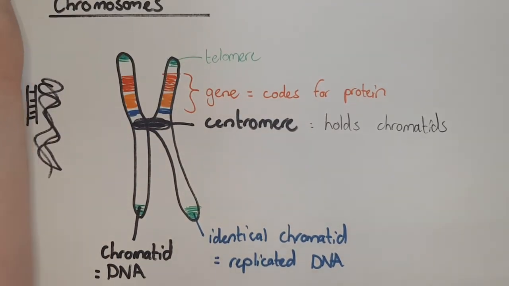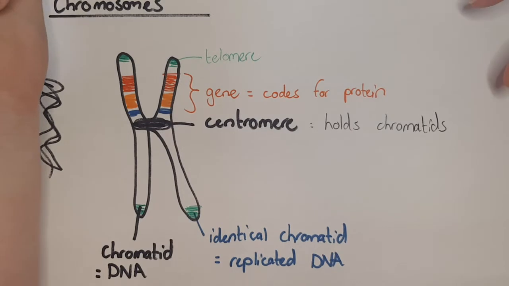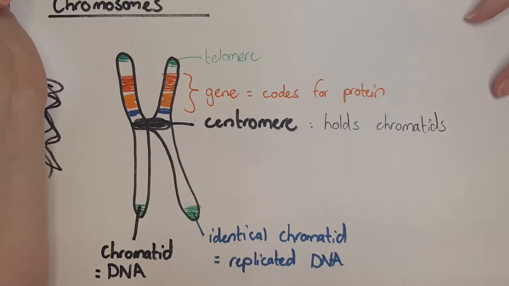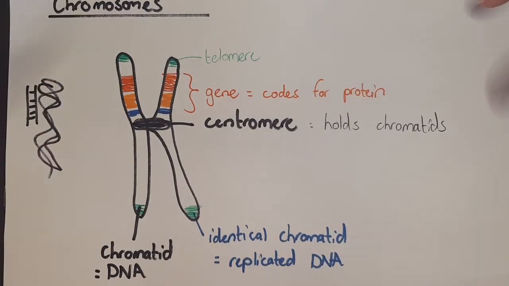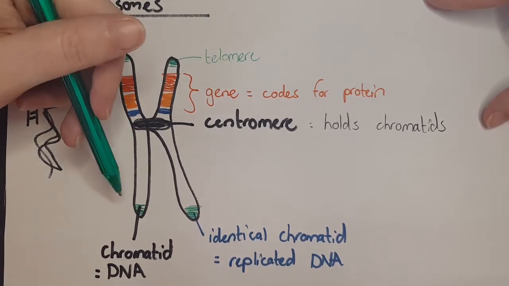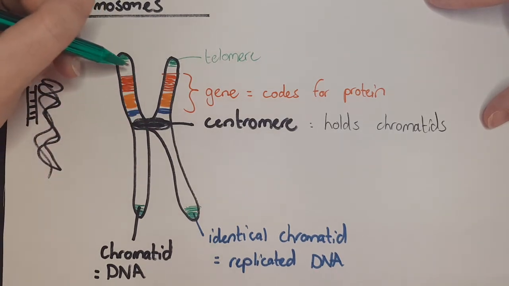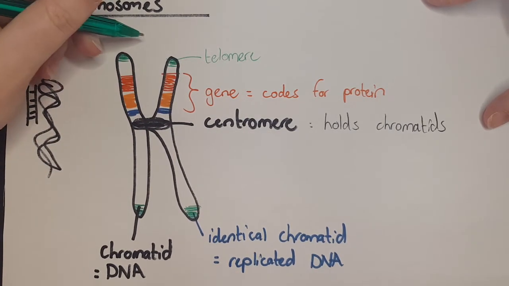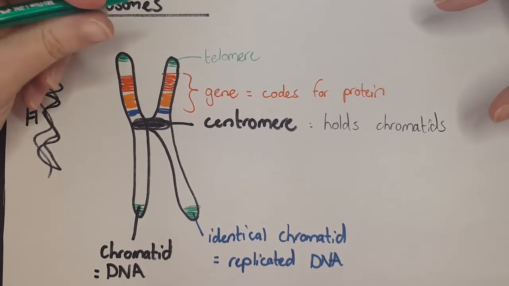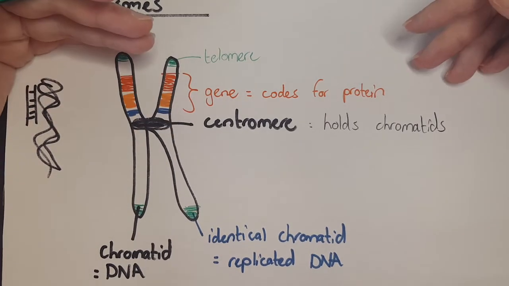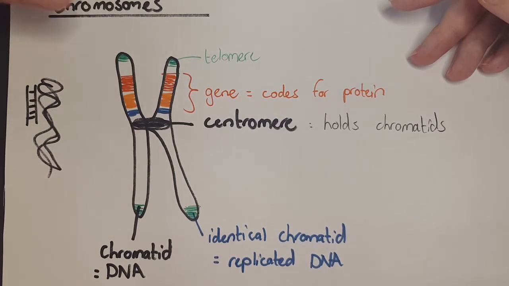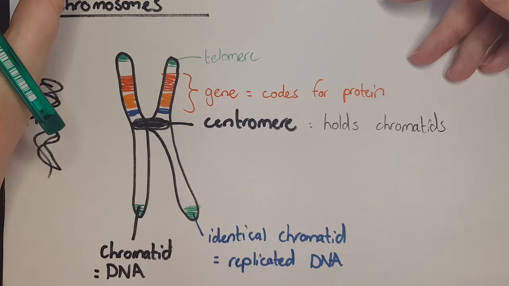A telomere is a repeated sequence of DNA where there's no information coding for a gene. It's a simple sequence repeated over and over again, so that when we replicate the DNA and our enzyme gets to the end and it breaks off, no important information is lost, because each time that enzyme gets to the end and it breaks off, it loses a few little bases.